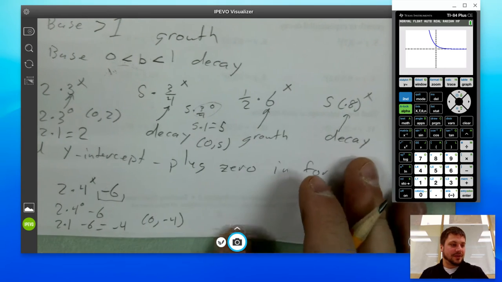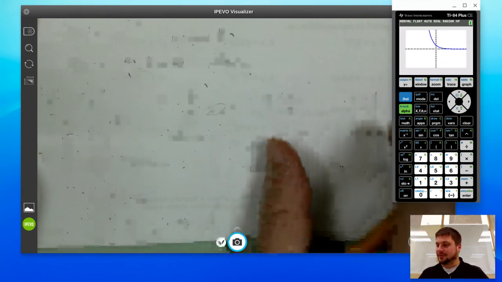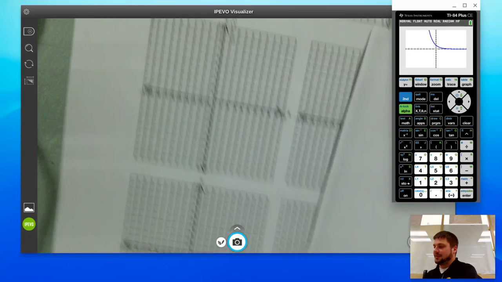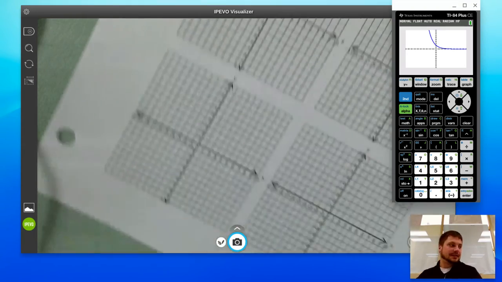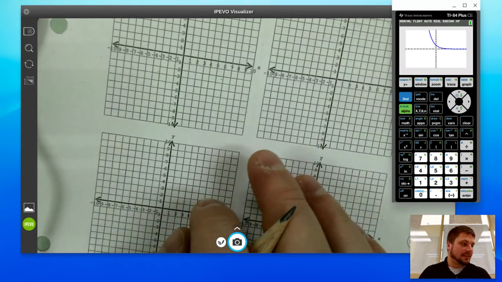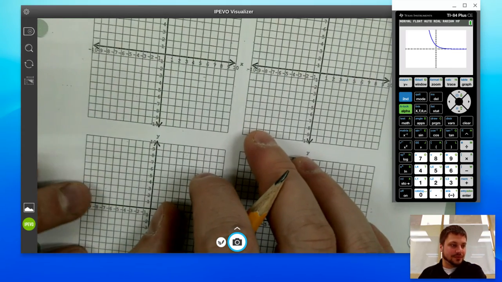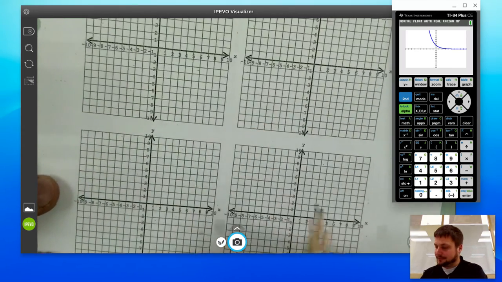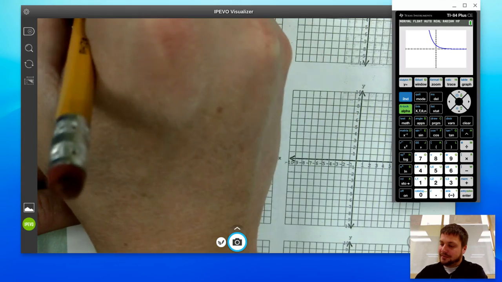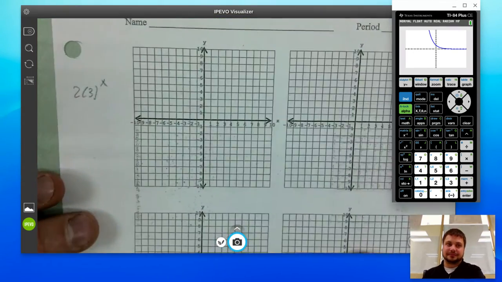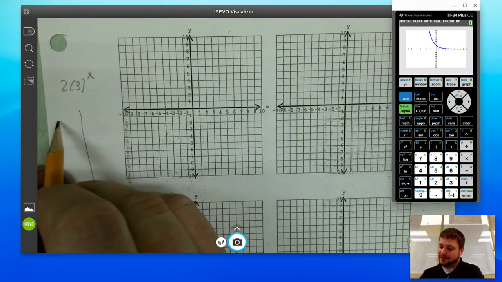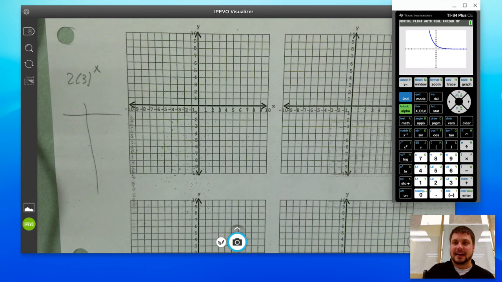Okay? Other than that, all it's going to have you do for these types of problems is graph them. We can do one of those very quickly. Let's say it wants you to graph 2 times 3 to the x. What you'll need to do is just make a t-table of values and use your calculator to help here.